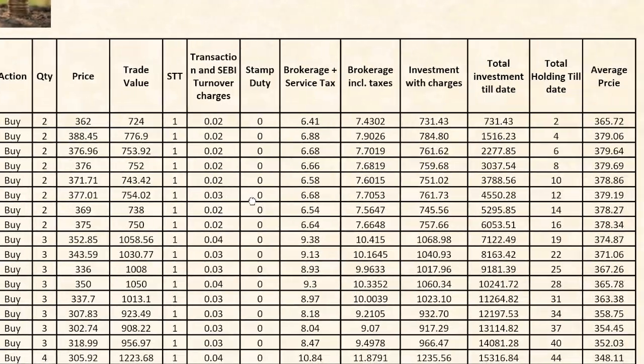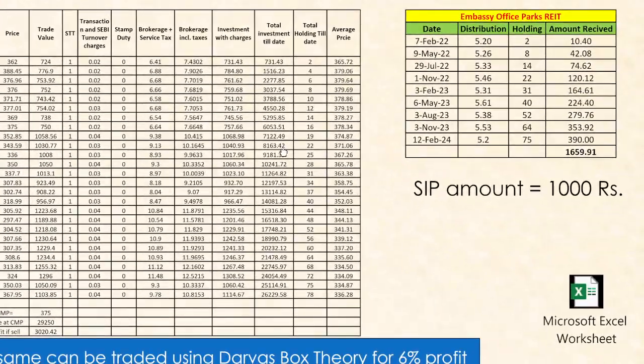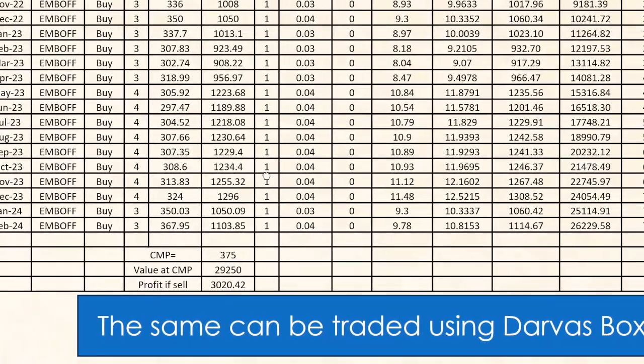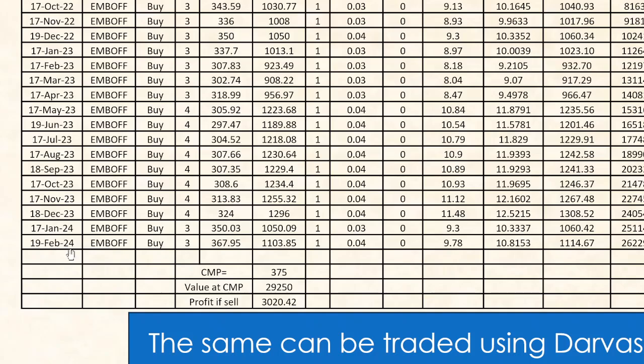Every month we are putting 1,000 rupees here as an SIP, and buying this. Here I have not shown when we have sold, I have just shown a long term SIP. At the end of February 24, with the current market price of 375, the value was around 29,000, and the profit if it was sold would have been 3,000.